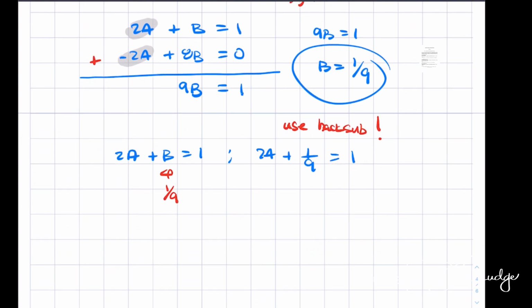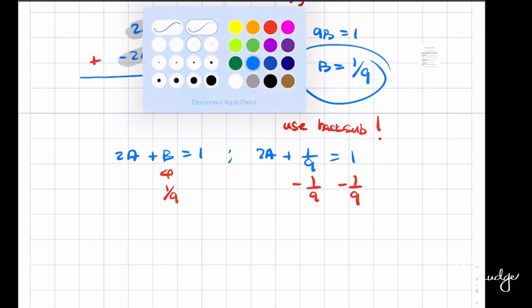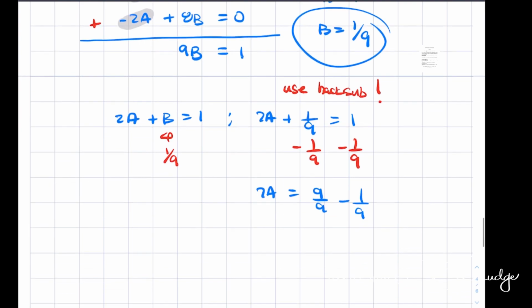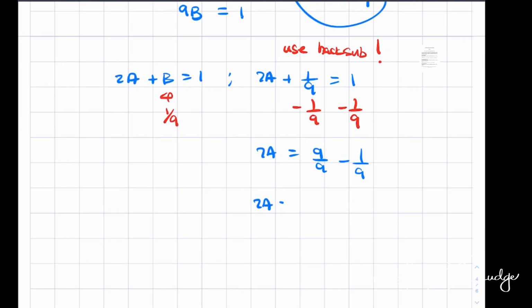Right? That's an a, sorry. Let's make sure it looks like an a. So you say, well, how do I do that? Well, let's subtract 1/9 from both sides, right? And then we end up with 2a is going to be 9/9 minus 1/9, or 2a is going to be 8/9.